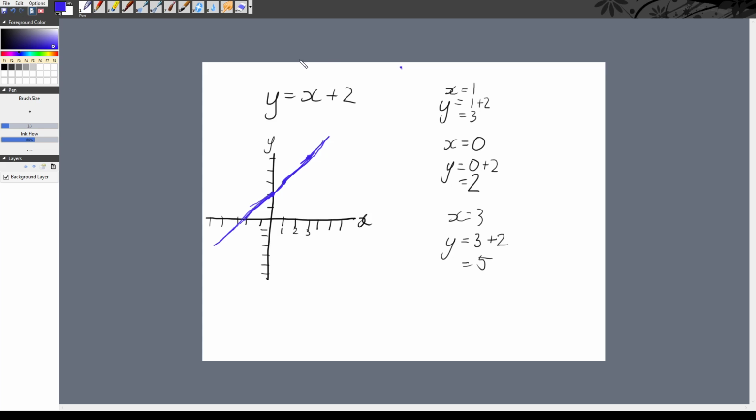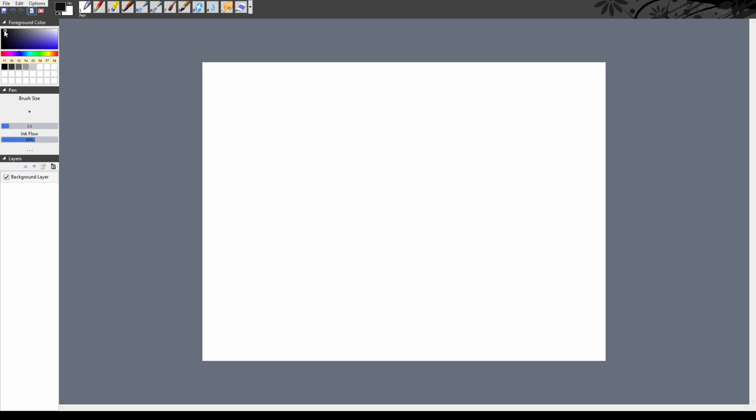So how do we get this rule here? Let's have a look at a new graph. Right, so I have some points.